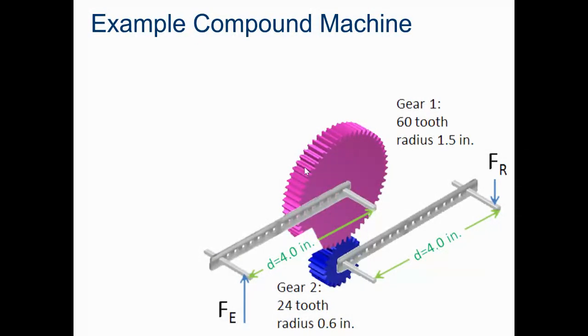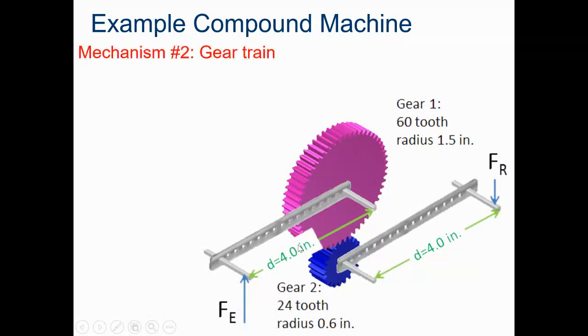If we look at the gear ratio, our output is going to be this bottom one, the blue one, because we are turning this top one with our lever. And so as that causes that to turn, we're causing the bottom one to turn. So that's our output. Our input's the big one on top. And so what we're going to see is our gear ratio is the output over the input.